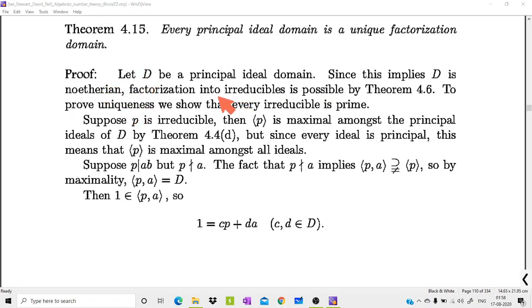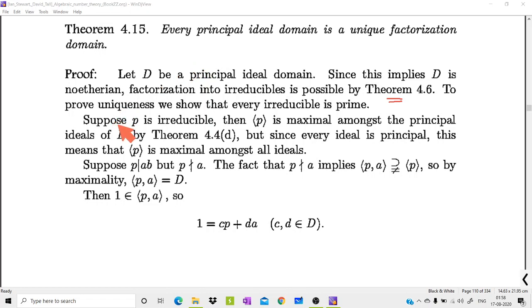Okay. If it is Noetherian, then factorization into irreducibles is possible, that we have discussed in theorem 4.6. To prove the uniqueness, we will show that every irreducible is a prime. We just proved a theorem before, 4.14, that factorization is unique if and only if every irreducible is a prime.